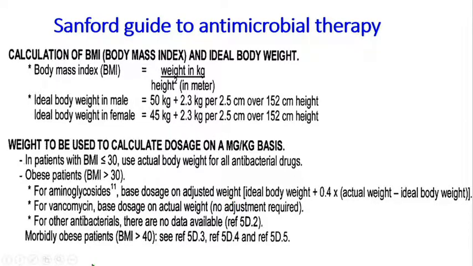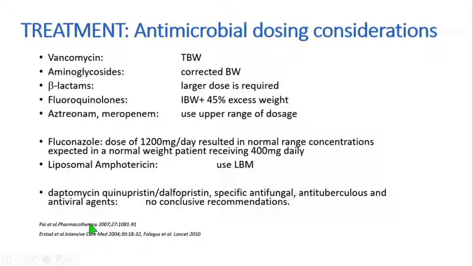This is, for instance, the Sanford Guide for Antimicrobial Therapy, and you will notice that ideal body weight and corrected body weight are introduced for drugs such as aminoglycosides and vancomycin. Now, when it comes to the treatment of infectious diseases in obese patients, I could go through the list of all the antibiotics, but for the sake of time, I'm not going to do that.